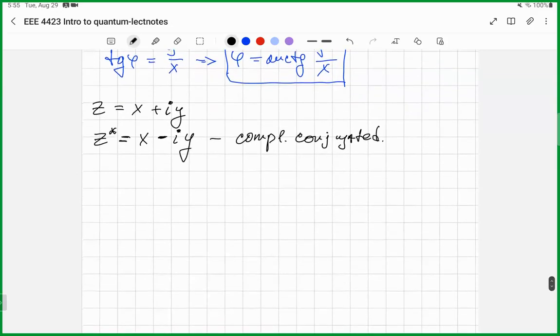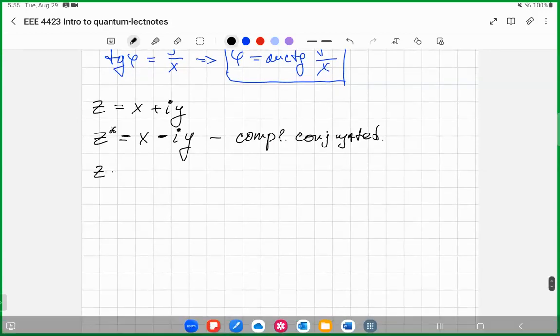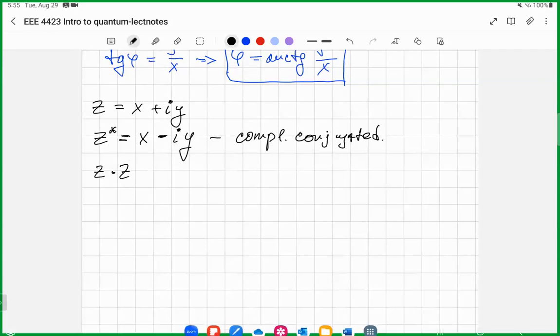So why do we need this complex conjugated number? Let's take the product of the two, z times z conjugated. What we get? We get x plus iy times x minus iy, right?